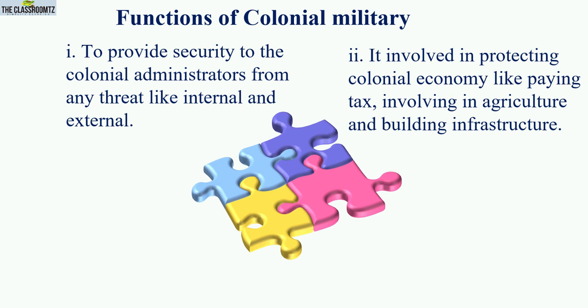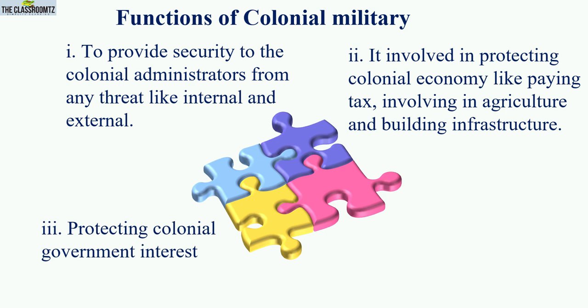Some of the military people were involved in building the colony's infrastructure, like railways and houses, some were involved as laborers in agriculture, and others were involved in supervising the collection of taxes. Protecting colonial government interest: anyone who seemed to go against the colonial government was terminated by the colonial military force.